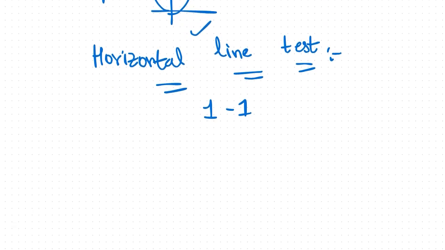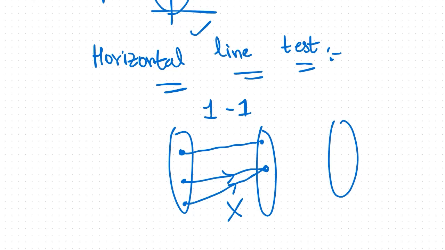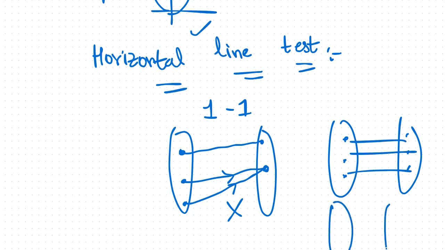And one-to-one means every x value has its own y value. Every x value corresponds to only one y value. It's not like two x values correspond to the same y value. It's not like this, or like this.